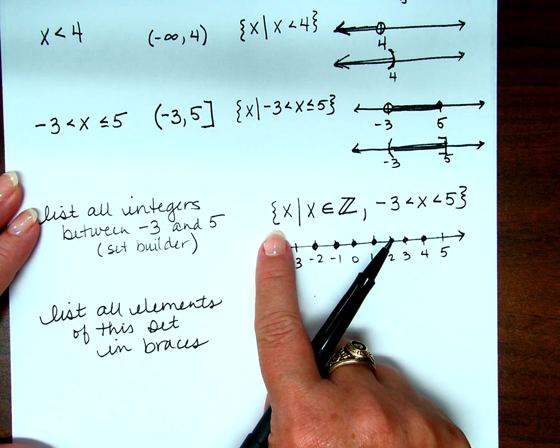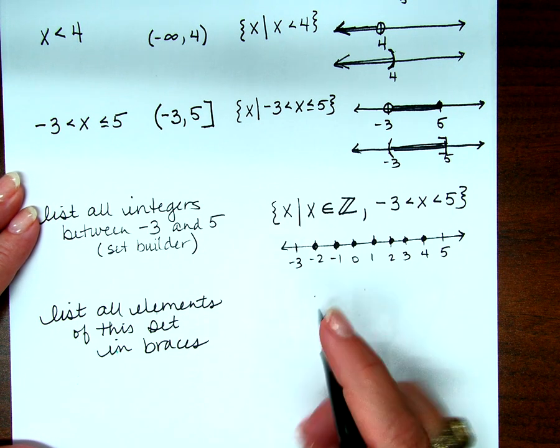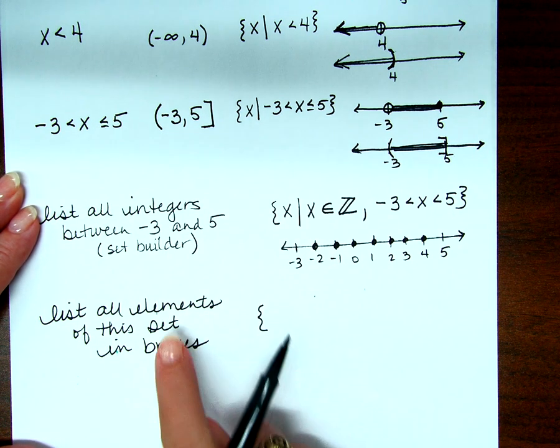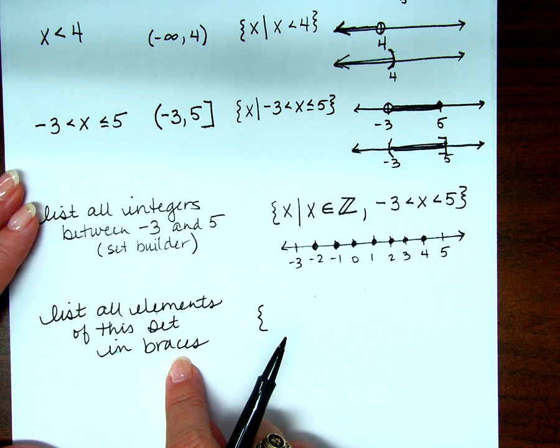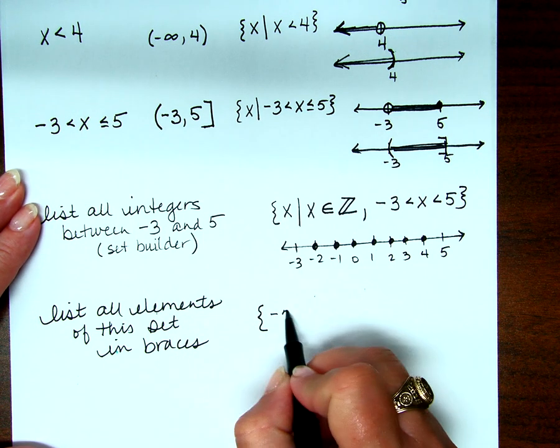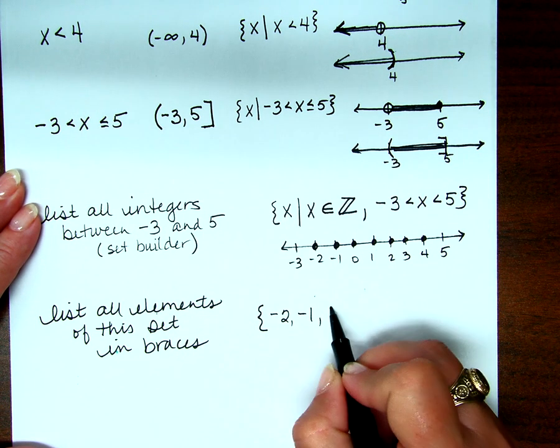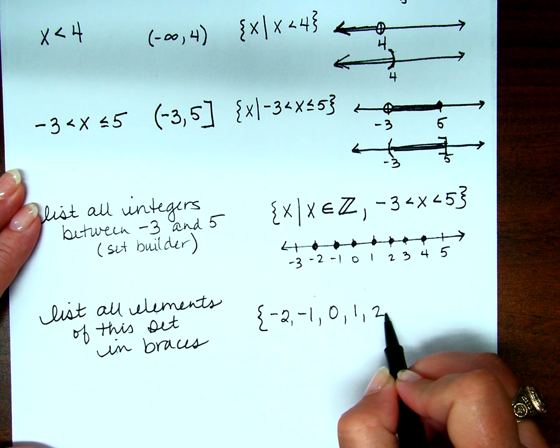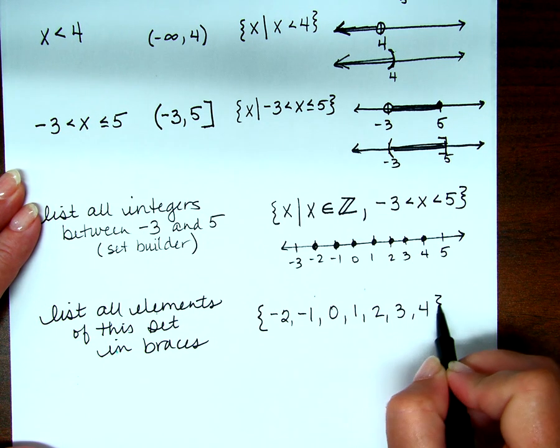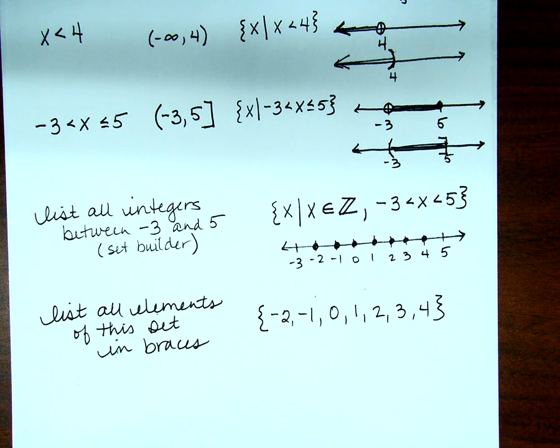These, right? These are braces. Okay? What are all the elements in the set? Didn't I just put dots on all of them? So -2, -1, 0, 1, 2, 3, and 4. Questions?